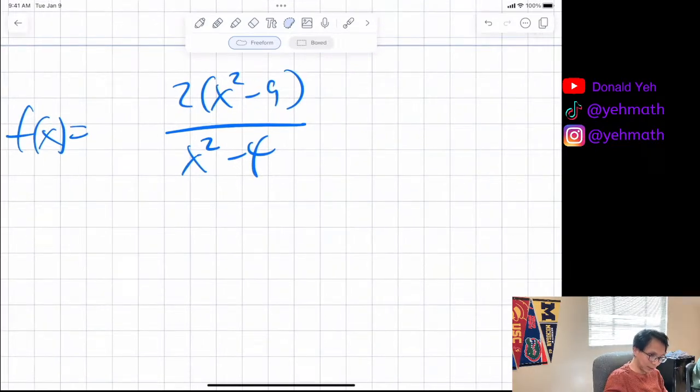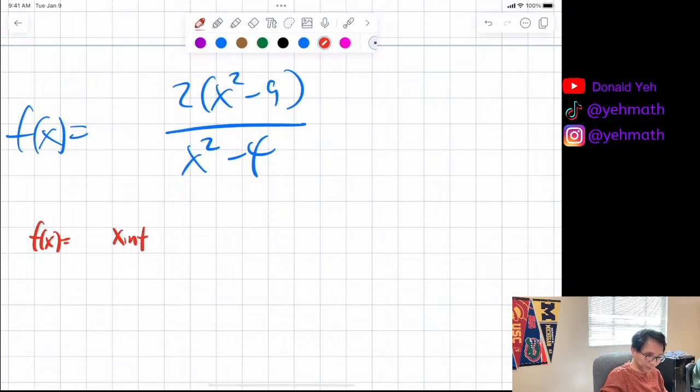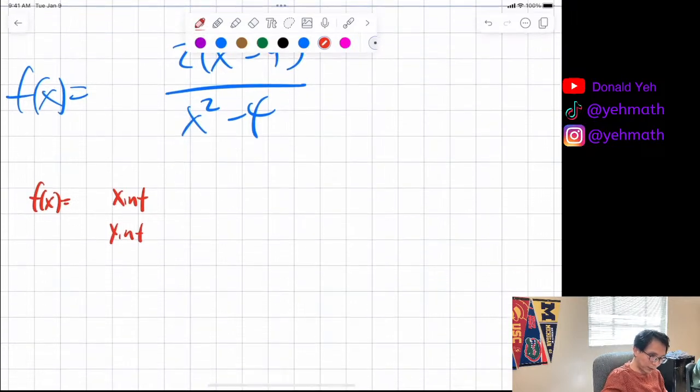Can I graph this? Yes, because f of x can give you a lot of information: the x-intercept, the y-intercept, the domain. It doesn't give you the range, but it does give you the vertical asymptote.